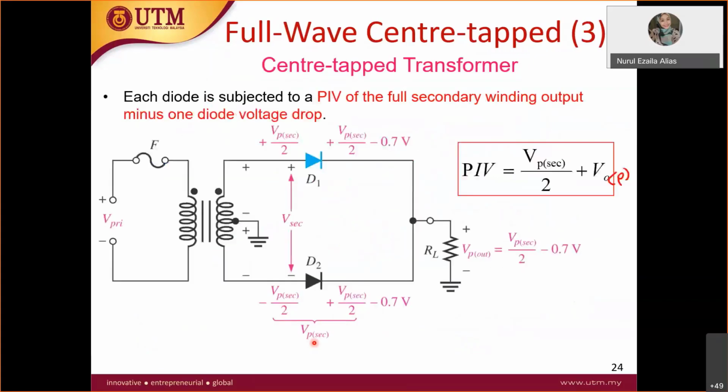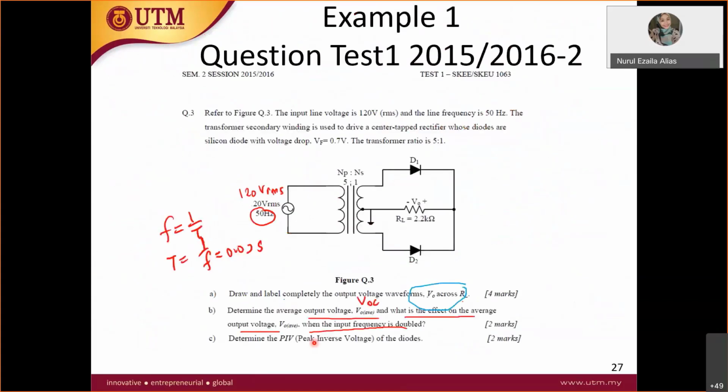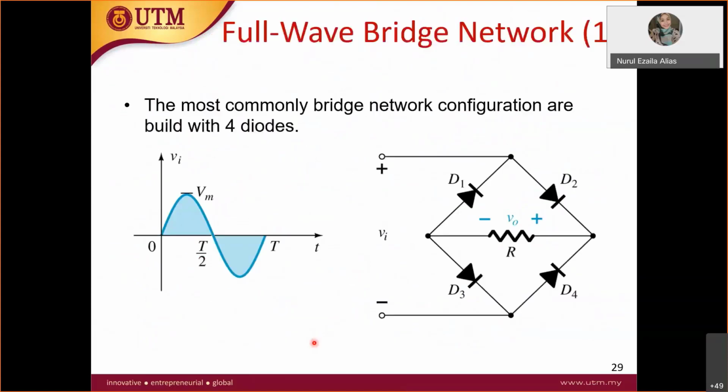Let's take a look at how the circuit looks like. It looks like this. It has four diodes.